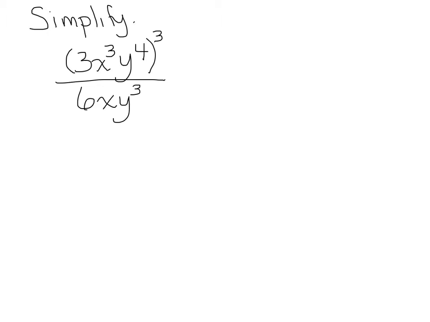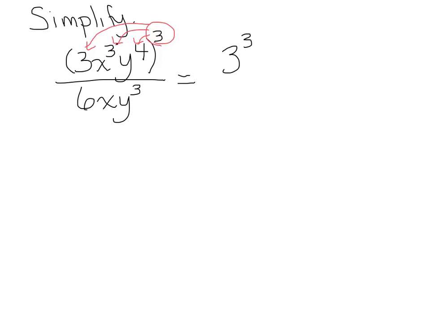When I'm looking at this particular problem, one thing I notice is that we have the numerator raised to an exponent. So we're going to use the power rule of a product, and we're going to raise each item to that exponent. This is 3 cubed.